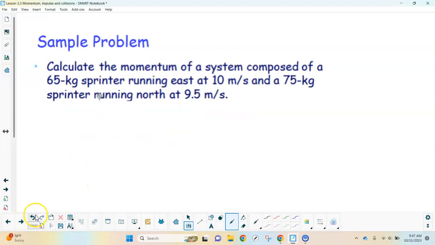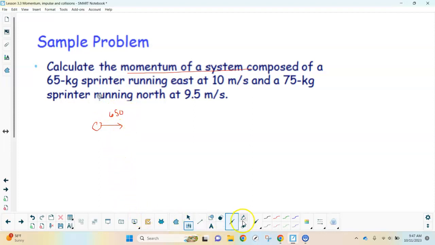You can have more than one object in a system, and then you want the momentum of the system. So you're going to basically find the individual momentums and then use vector math to figure out the overall. We already did the 65 kilogram sprinter running at 10, and we said the momentum in the last answer was 650.